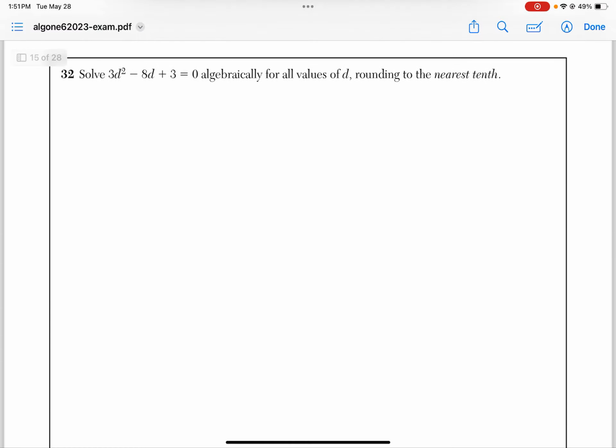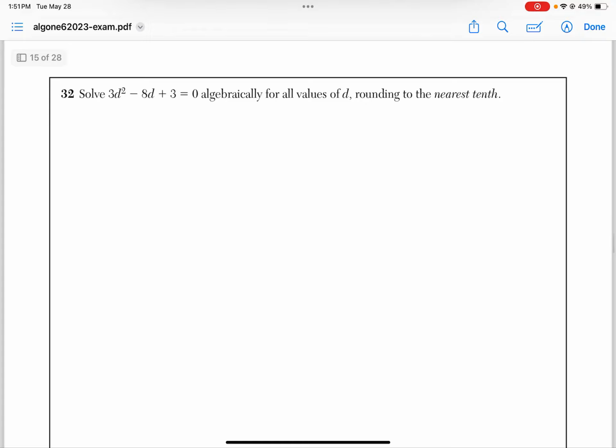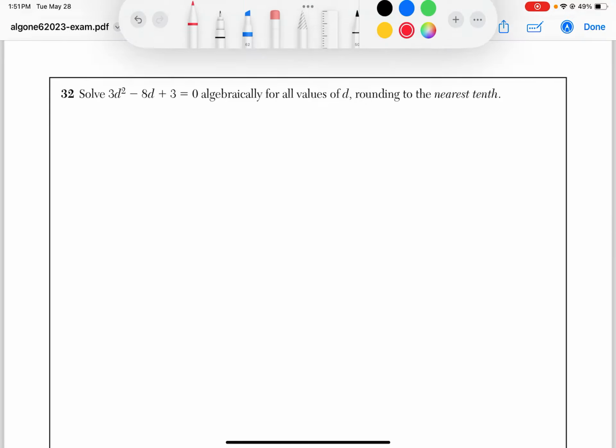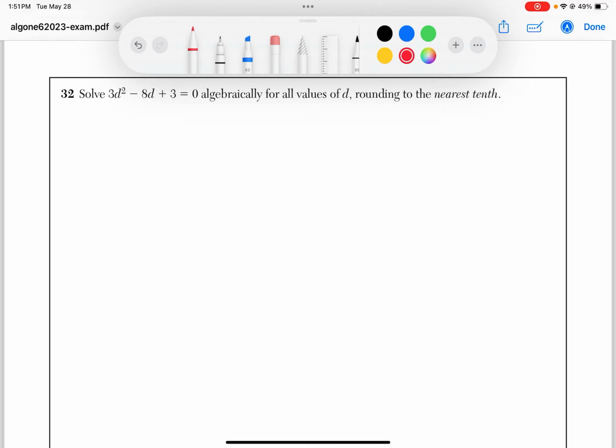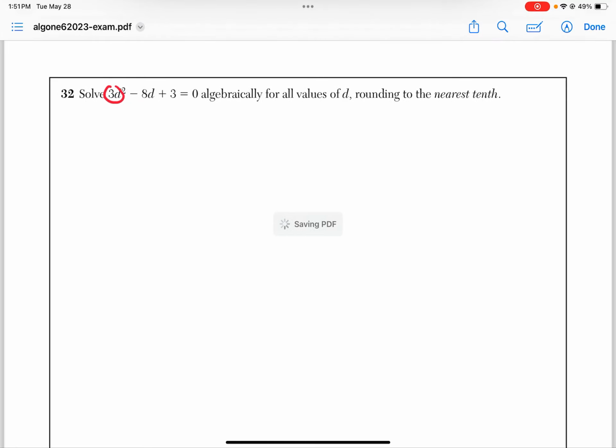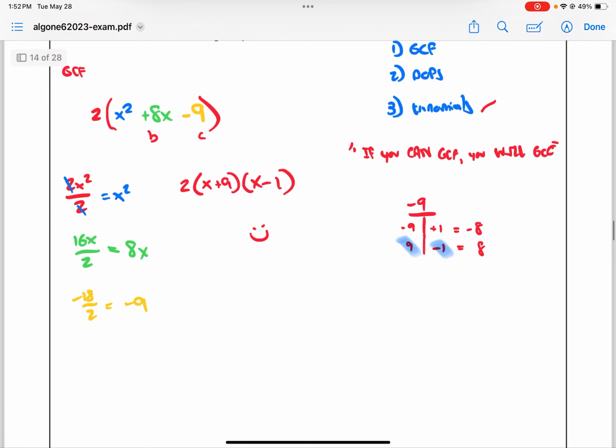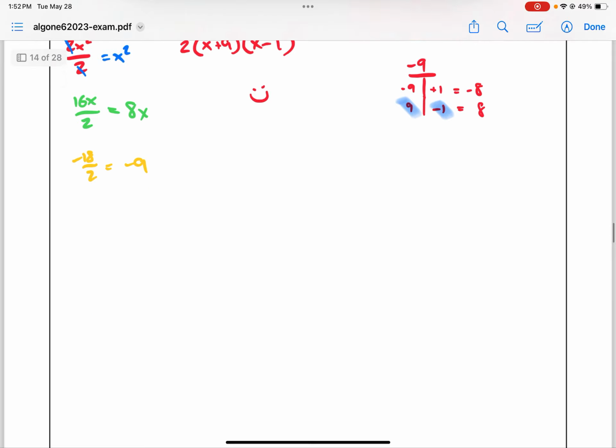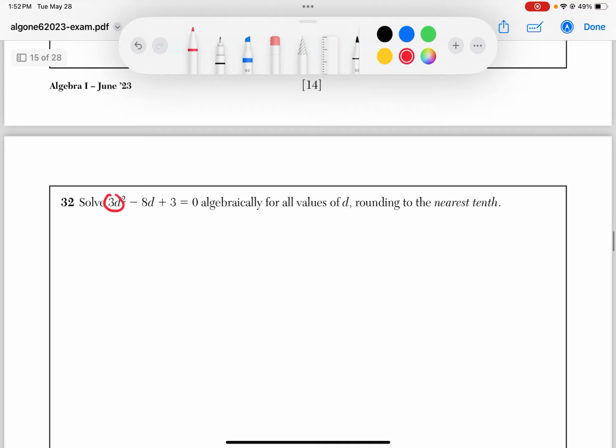Solve this algebraically for all values of d, rounding to the nearest tenth. So normally when we solve quadratics, we want to factor. Problem, this has a coefficient of 3. Our little factoring trinomials trick up here doesn't work when my coefficient is anything other than 1. So maybe we can factor out a 3 like we did up there.